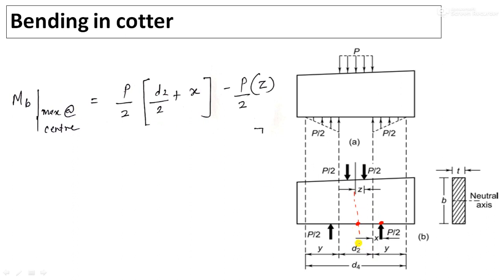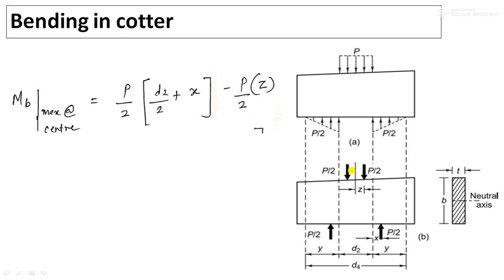This is the center. The distance between these two dots is d by 2, and the distance between 1 and 2 is d by 2, and between 2 and 3 is x. So the total distance of force P by 2 from the center, because maximum bending moment is at the center, is d by 2 plus x.